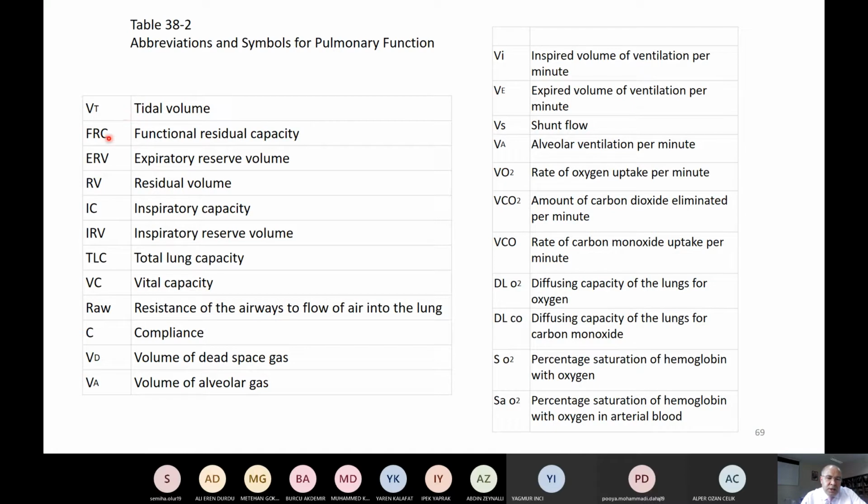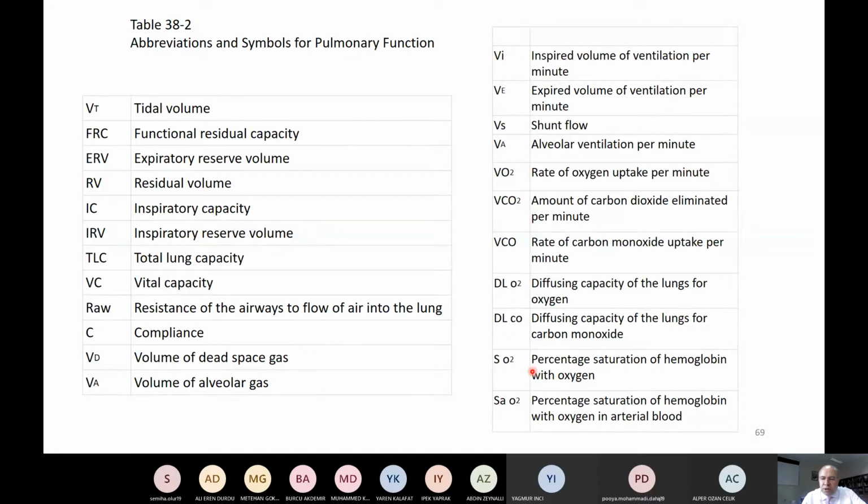VT, tidal volume; FRC, functional residual capacity; ERV, expiratory reserve volume; total lung capacity; vital capacity; compliance; dead space gas; volume of alveolar gas; inspired volume per minute; expired volume per minute; shunt flow. What else?